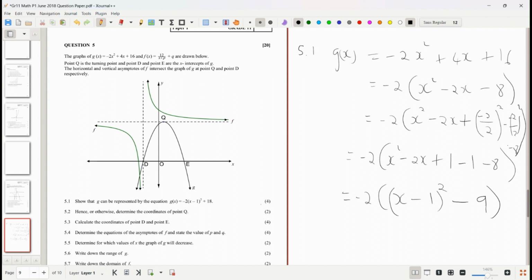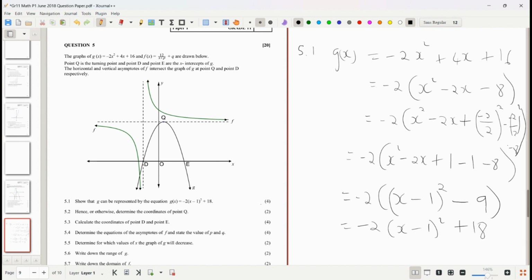So what we can do next is to multiply these sums inside the brackets here. We have negative 2 x minus 1 squared, and then negative 2 times negative 9 is plus 18, right?